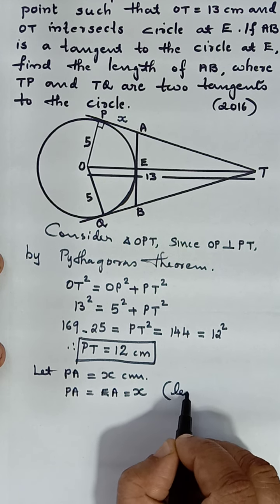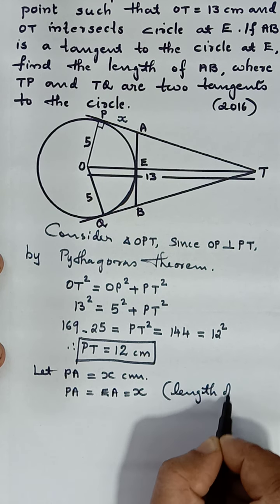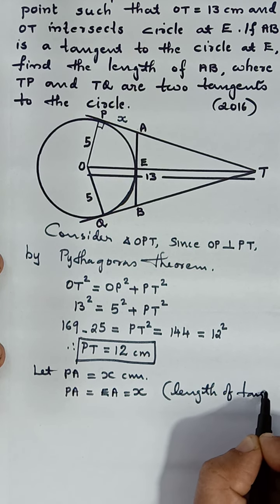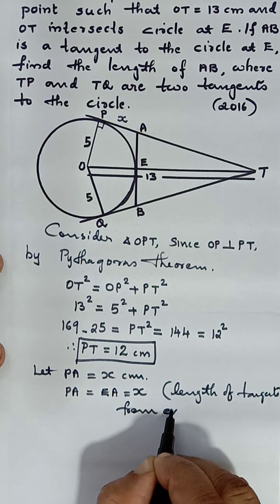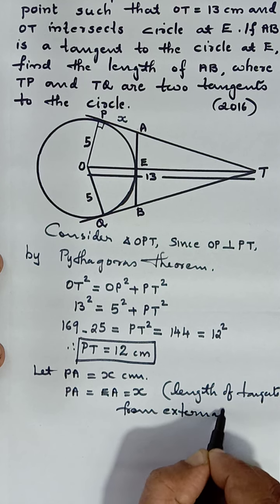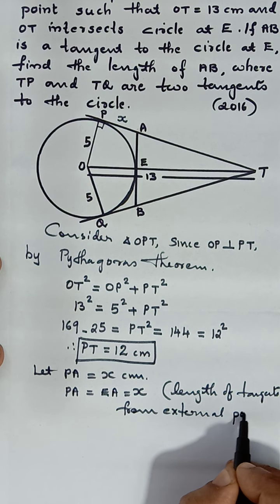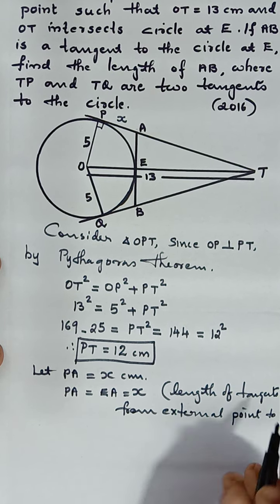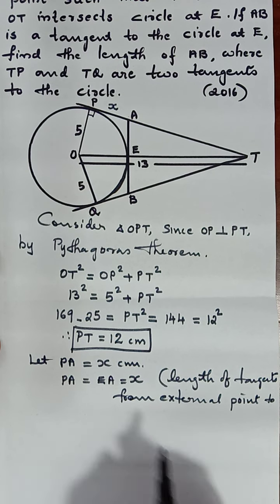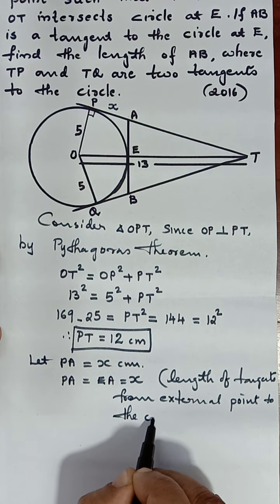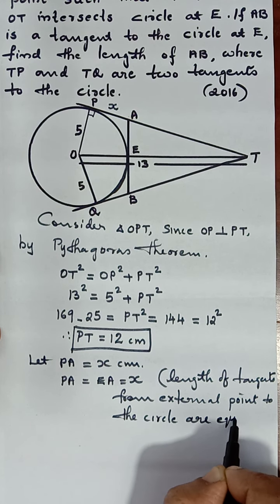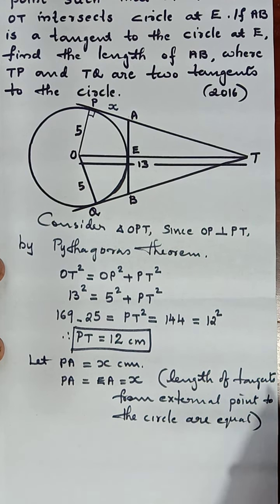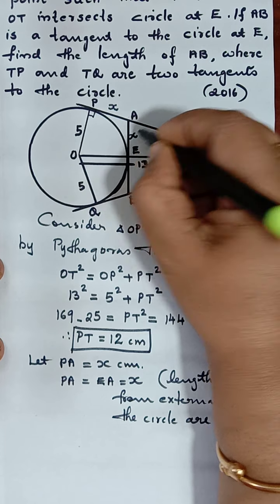Reason is length of tangents from an external point to the circle are equal. So we got it. So this is also X now.